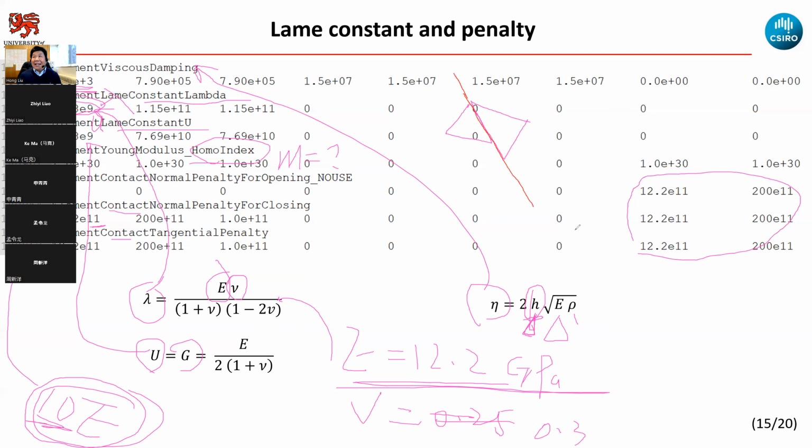So our guideline is to use 100 times the elastic modulus E. In that case, it won't affect your results significantly. So this is the parameter for the Lamé constants and the values of the penalty.